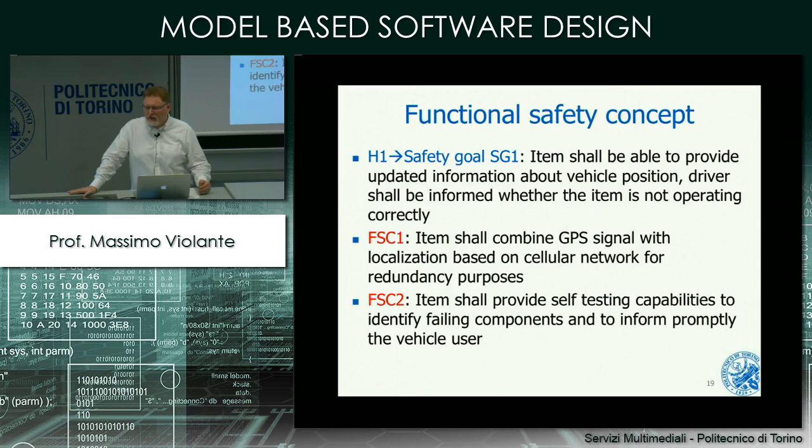This can be done, for example, through a microprocessor that is able to work even if we have failures. This is done, for example, by redundancy in the network, through redundant GPS, redundant modem, and so on and so forth. So if the ASIL is D, you have to put more.